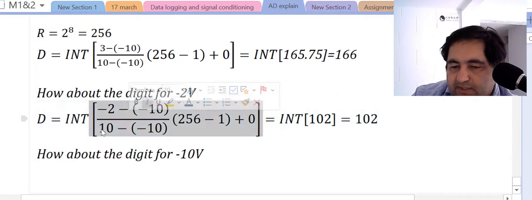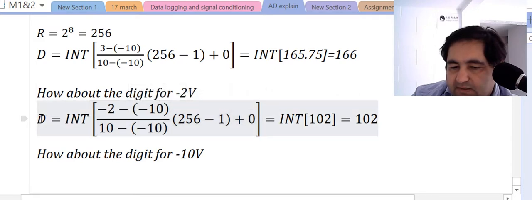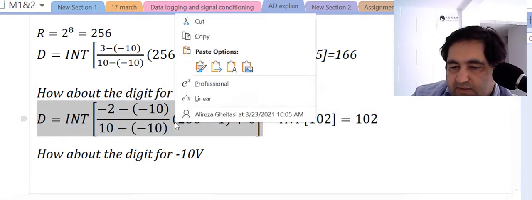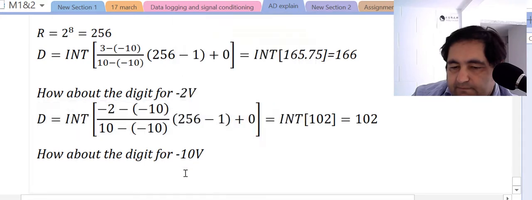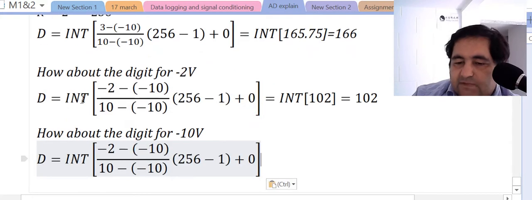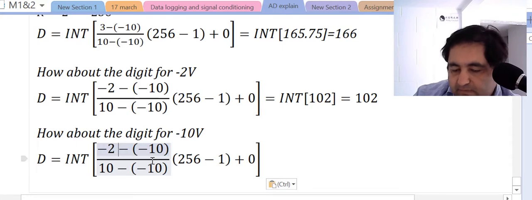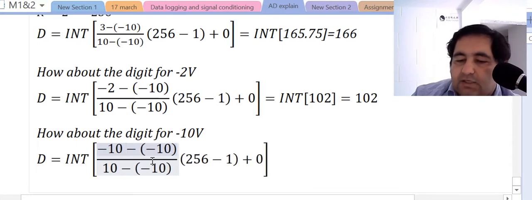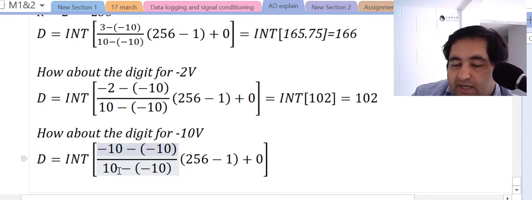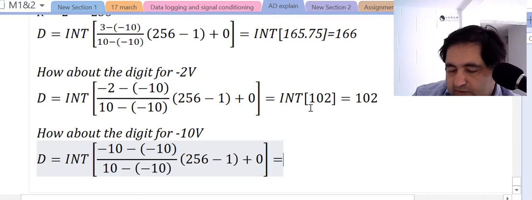Again, I copy and paste these things, the digit, as you can see. Digit equals integer of, now here is minus 10, minus 10 minus minus 10, which is plus 10, going to make it 0, and 0 over any number multiplied by this number is obviously 0, so 0.